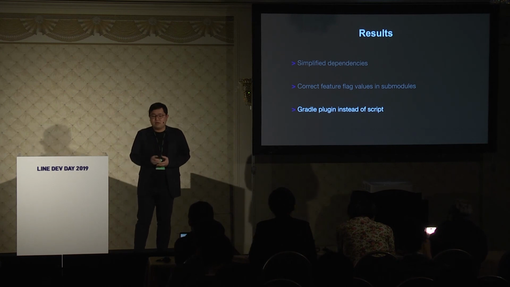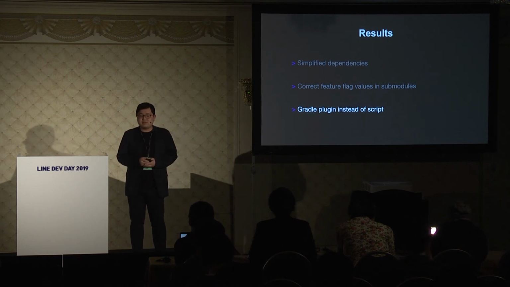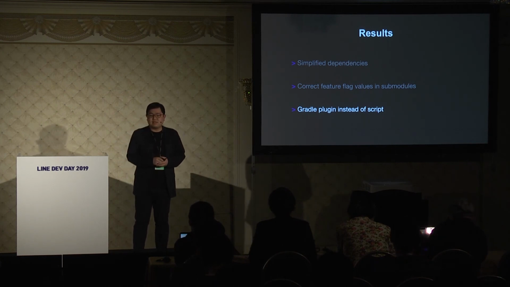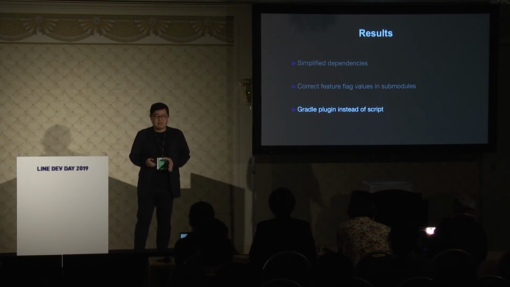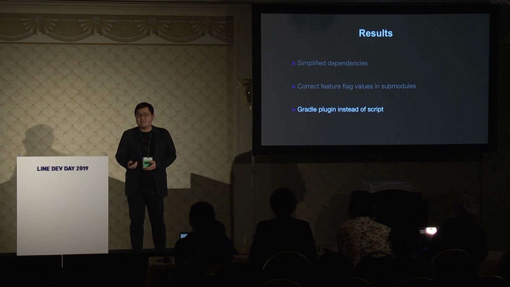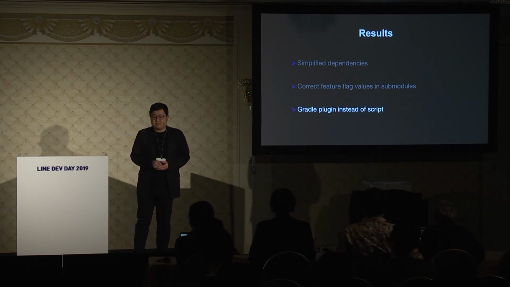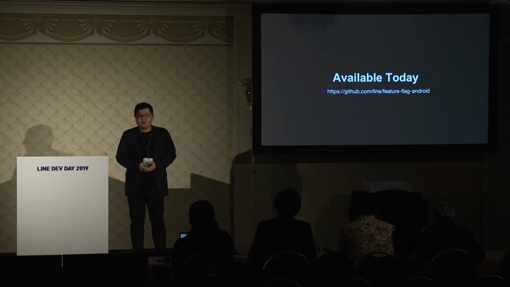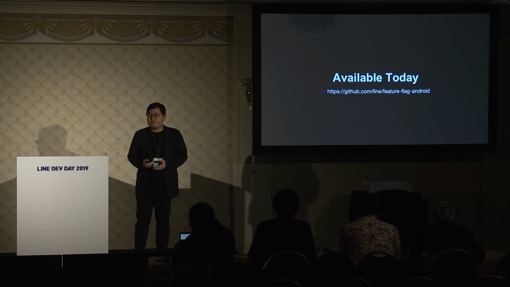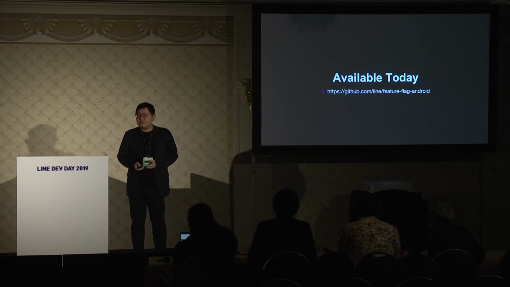So for other projects, you can apply this simply. Line Android-specific behavior has been removed so that it's more portable to other projects. The plugin is going to be published from today as OSS so that anybody can use it.